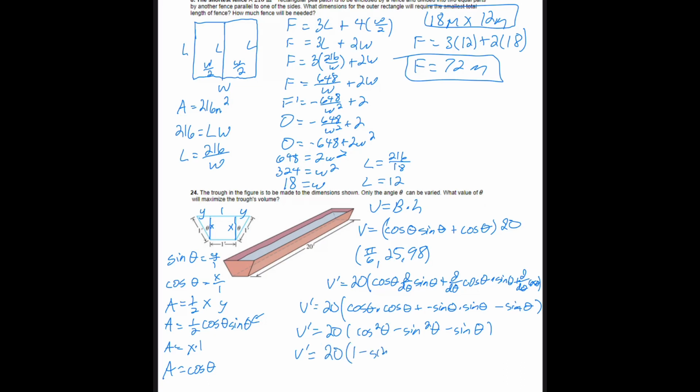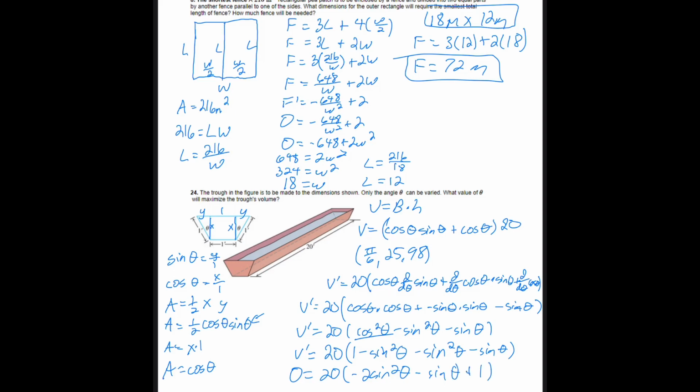And then I think what we need to do is use a trig identity and solve this using the fact that it's going to be like a quadratic. So this would be v prime equals 20 times 1 minus sine squared theta minus sine squared theta minus sine theta. So I can replace cosine squared theta with 1 minus sine squared theta.